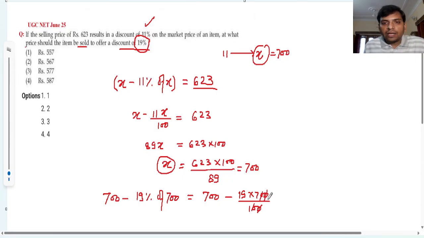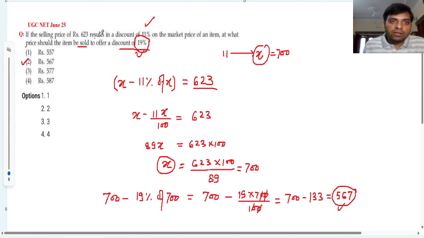So 19 into 7 we will write. So this is 700 minus this 19 into 7 is 133. On subtracting this, you will get this as 567. So after 19% discount, the price would be 567. So this option is the correct option.